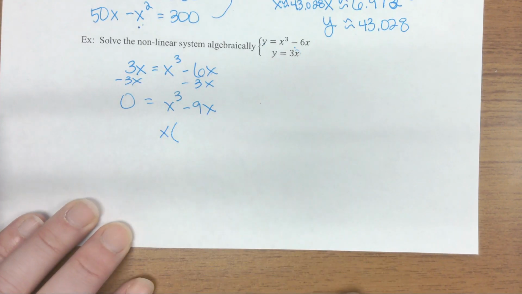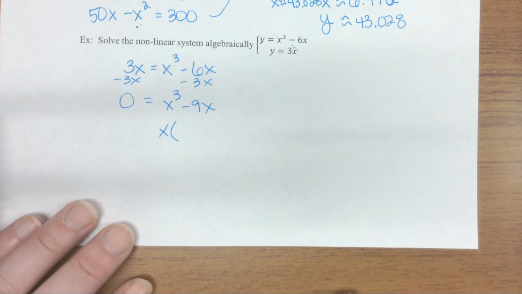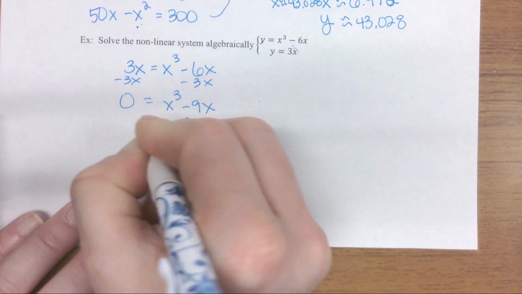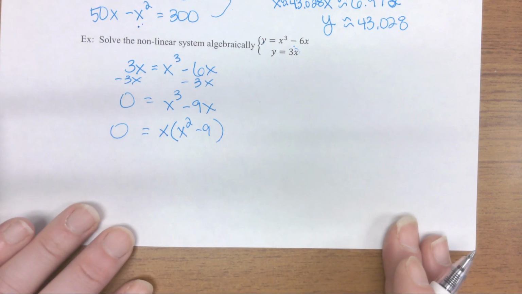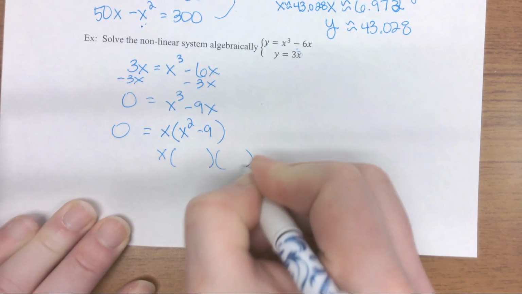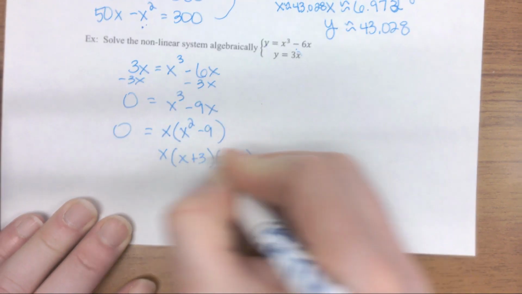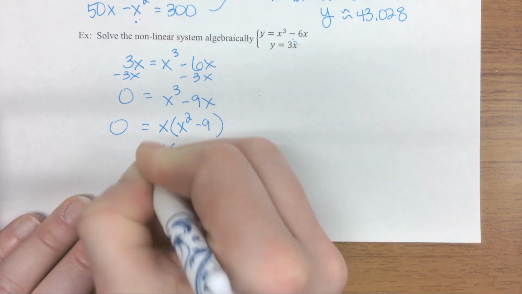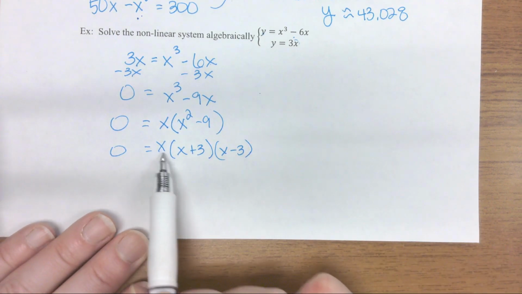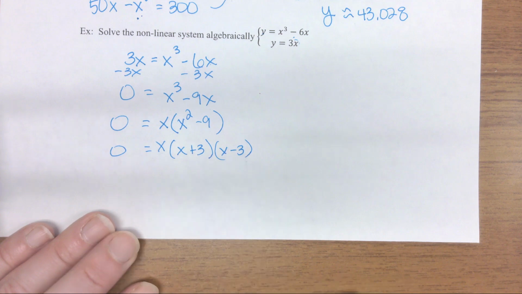What am I left with when I do that? x squared minus 9. I'm going to keep going. x squared minus 9, I could factor into (x plus 3)(x minus 3), agreed? So here are my 3 solutions.